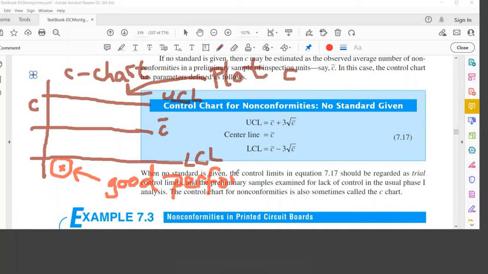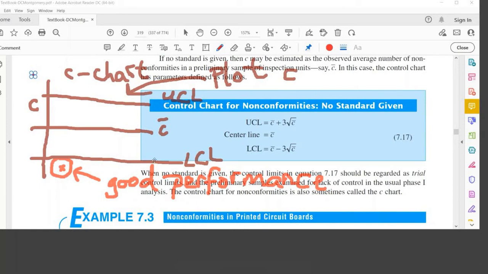So why do you need to have a lower control limit? I said before, the lower control limit is not so critical for an attribute control chart. We just want to know why it's so good, and not why it is bad. Why is C low?